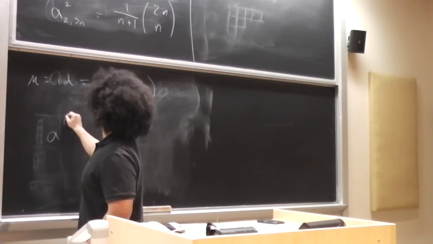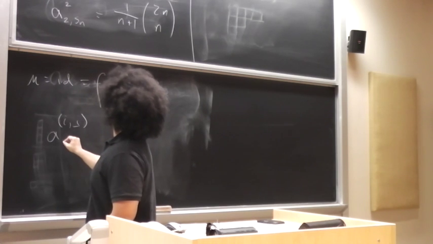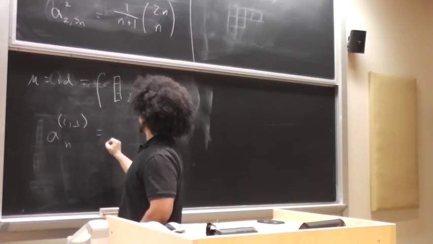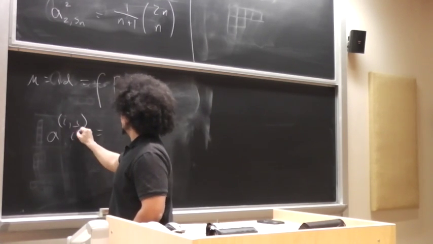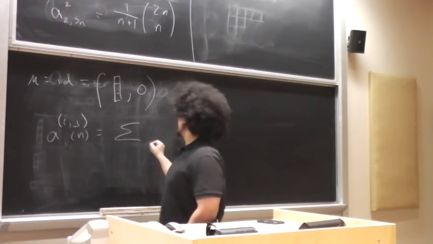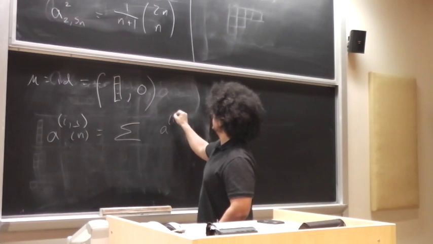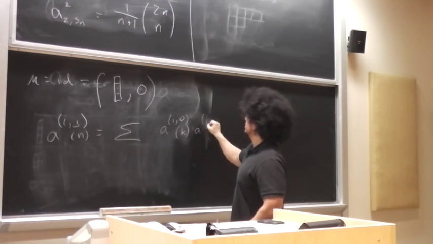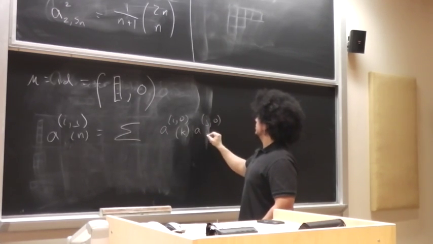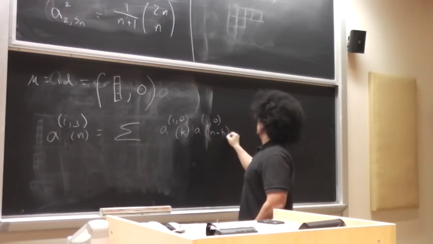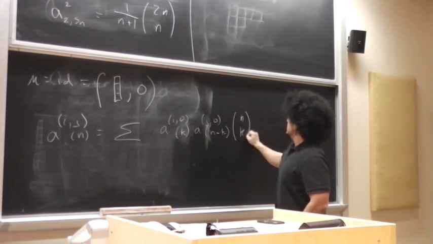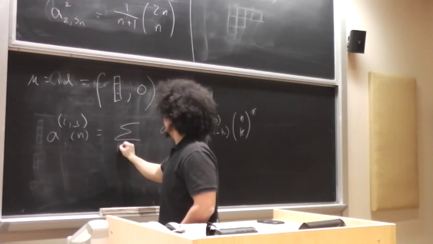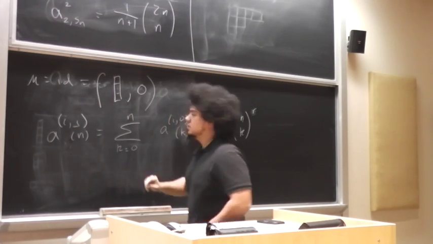Then we get an explicit formula. So we get Aij of n, I'm omitting the R, is equal to the sum of ai0 at k, so it's this sort of convolution of I0 and J0 times n choose k to the rth power, and this sum just ranges from k equals 0 to n.